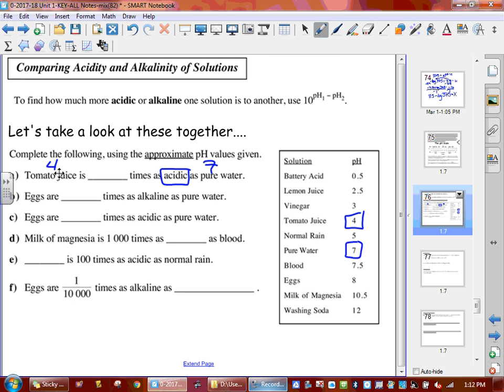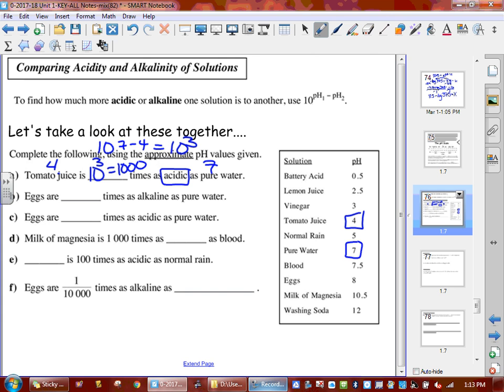The reason we're taking 7 and subtracting 4 is because we want to find out how much more acidic this guy is. If we wanted it more alkaline, we would reverse it. Okay? It's backwards to what you actually think. And it's going to make sense once we work with it. So, this is going to be 10 exponent 7 minus 4, which is 10 exponent 3. So this will be 10 to the 3, which is 1,000 times. So that means tomato juice is 1,000 times more acidic than pure water.